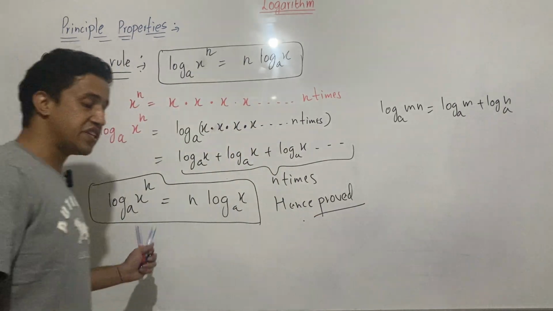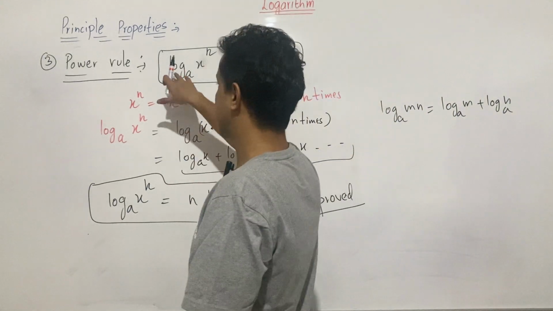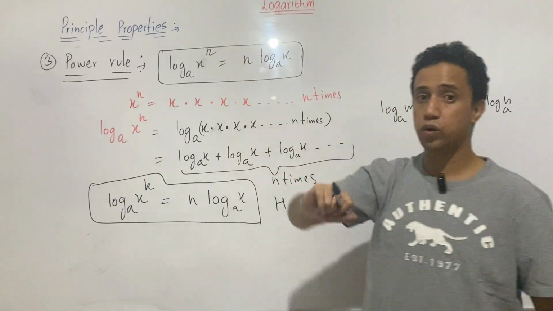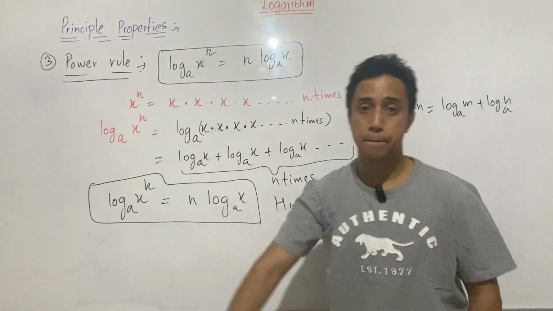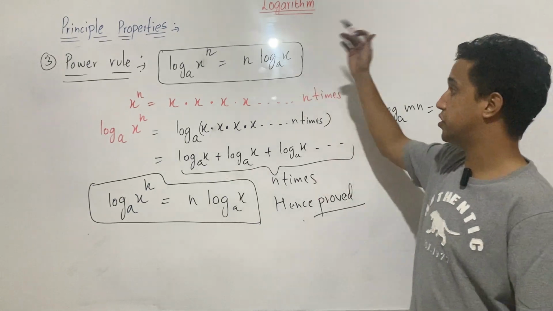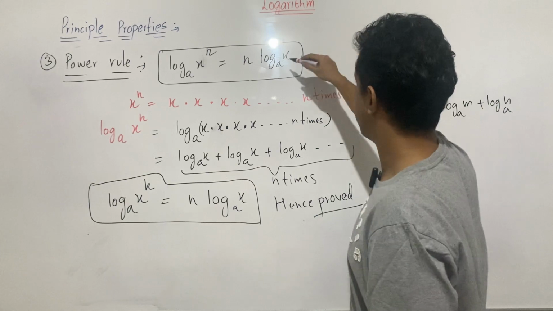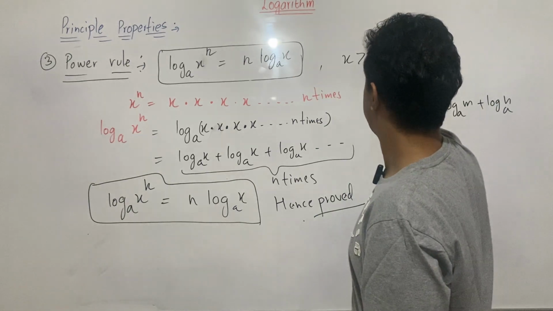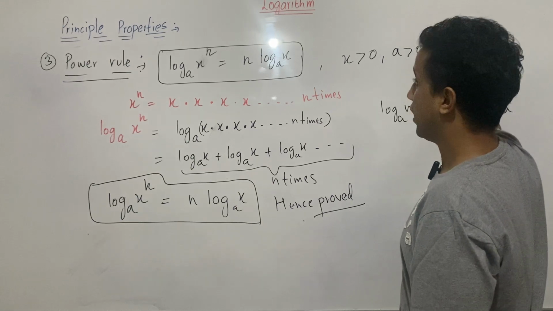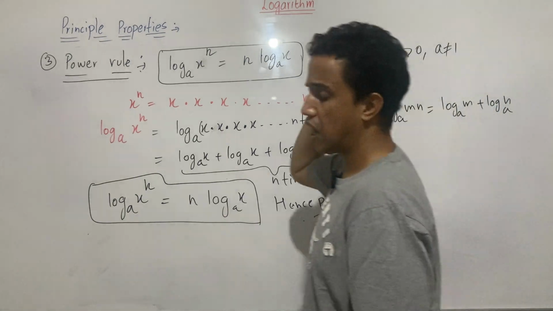Okay, so this is very important. This is the power rule. What does it mean? It means if you take log of a number raised to some power n, then the power will get multiplied. And here the conditions are the same. Here x must be a positive real number, a must be greater than 0, and a should not be equal to 1.